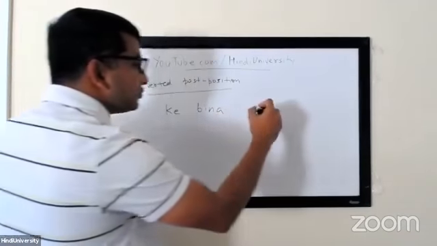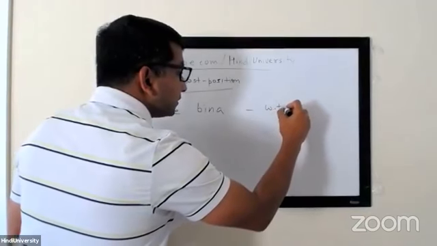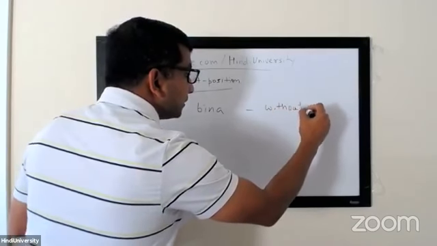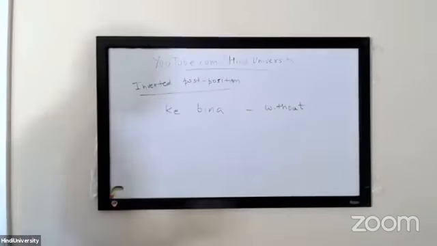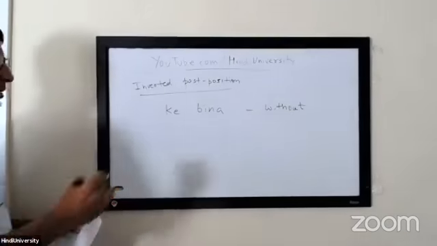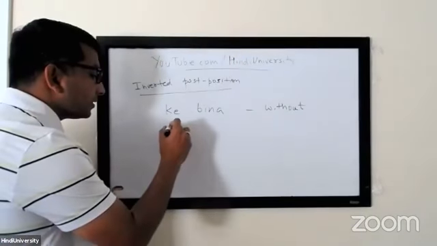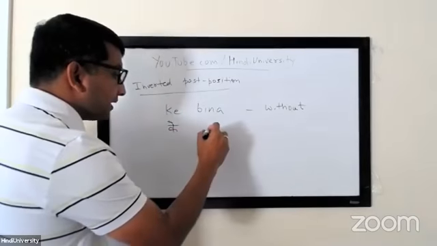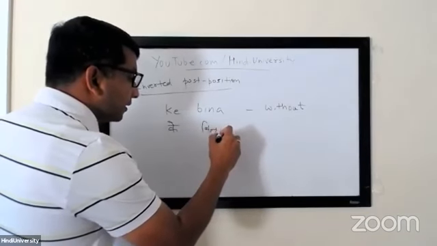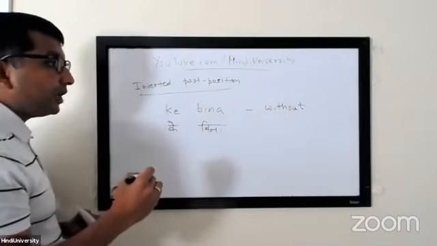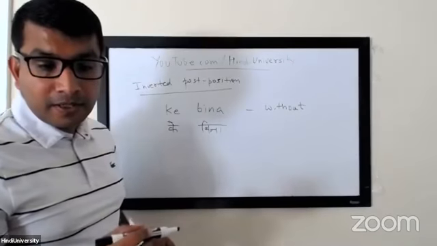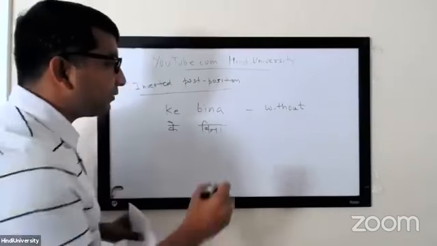Okay, ke bina, which means without. At least you should all memorize what it means. Ke bina is without. So if I say without water, how will I say it, Trisha?